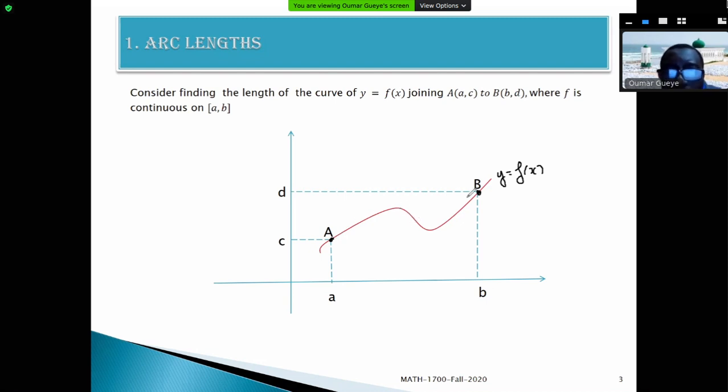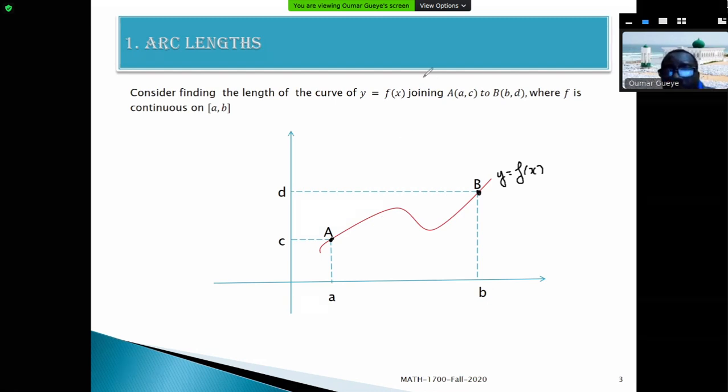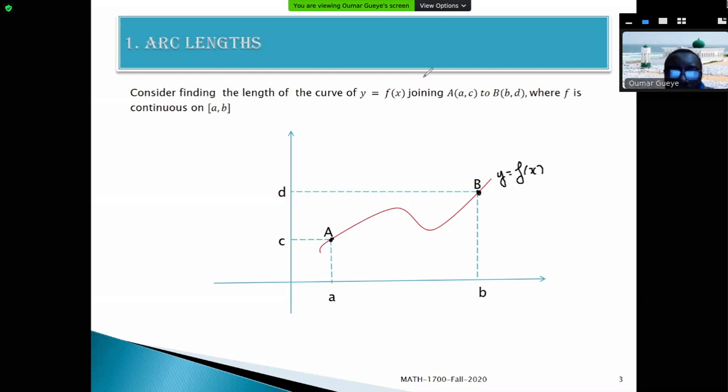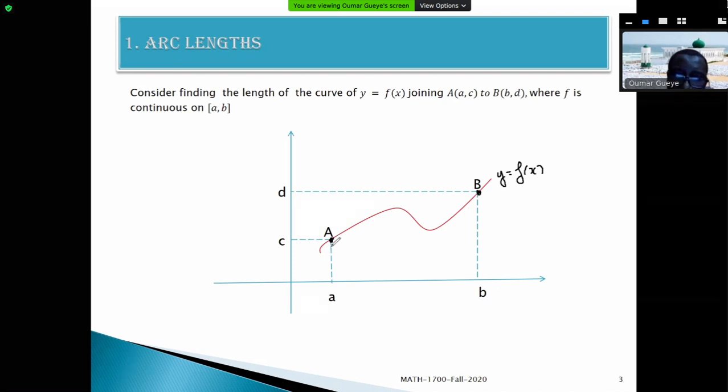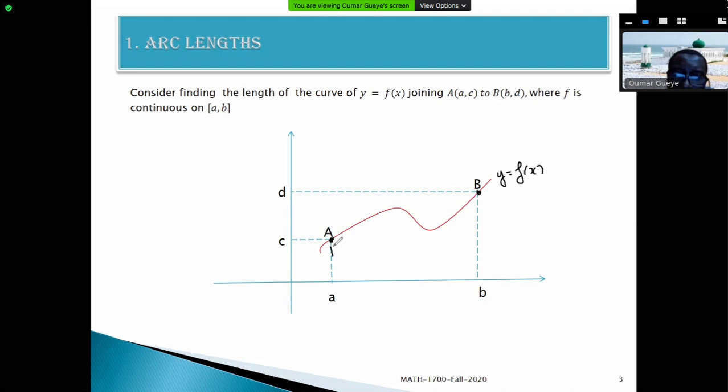To do so, I'm going to split it into small portions and calculate each of them. At the end, I'm going to just add up all these terms. I'm going to start with the first endpoint here, which is A. I'm going to call it P0 for the first point.